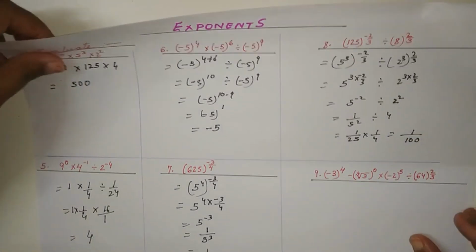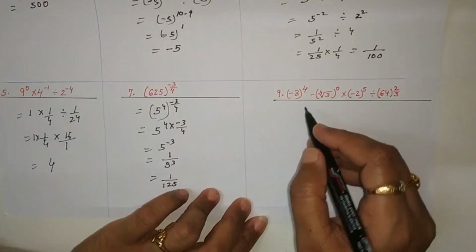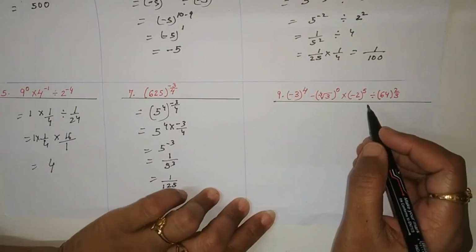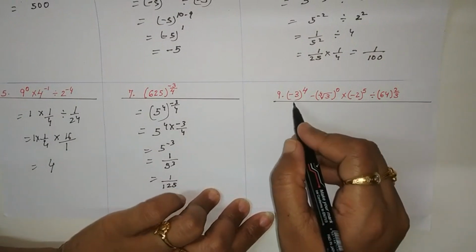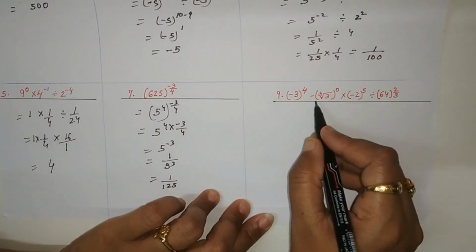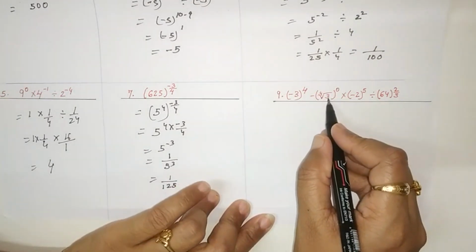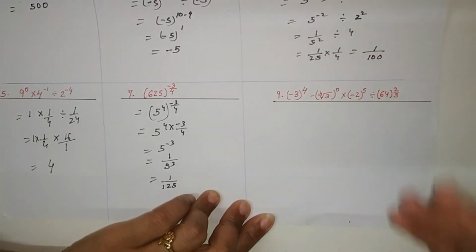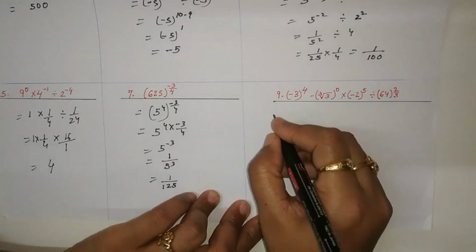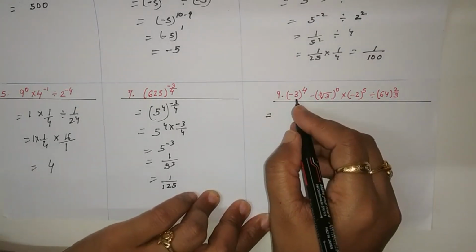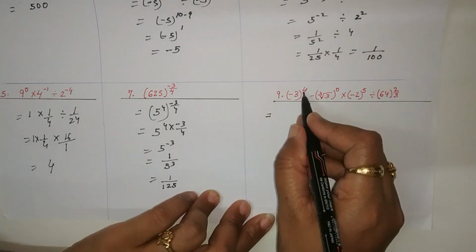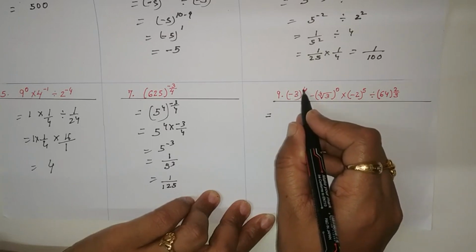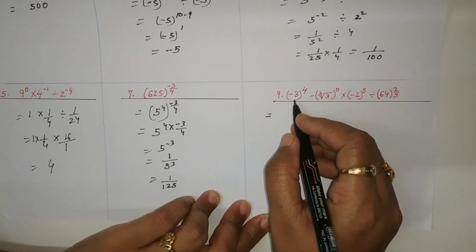Next question is a simplification question. We have to evaluate the value. So here it is minus 3 by 4, then minus 4th root of 3 to the power of 0, minus 2 to the power of 5 divided by 64 to the power of 2 by 3. So if we solve it, minus 3 to the power of 4, a negative number raised to a positive even number, definitely the answer will be positive.